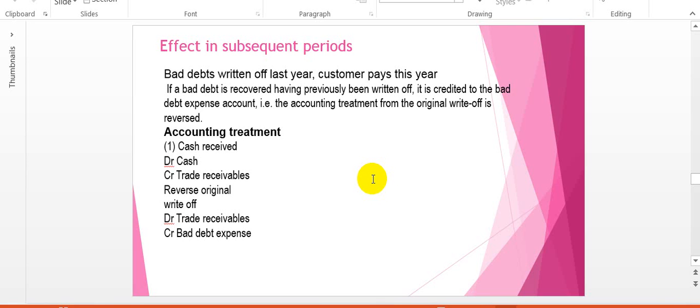You may find yourself in a situation where a bad debt which you had written off last year because the customer was unable to pay, but the customer becomes lucky in the following year. They are able to raise some money and they come back to you and they make the payment.